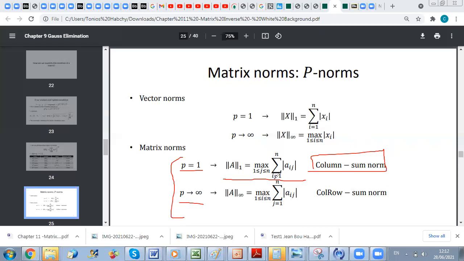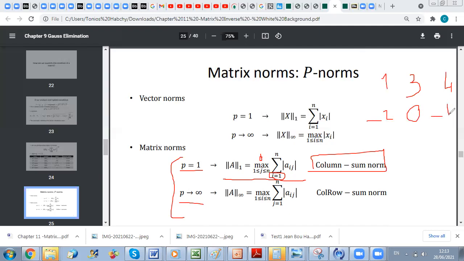Let us take an example. The following matrix: 1, 3, 4, minus 2, 0, minus 1.